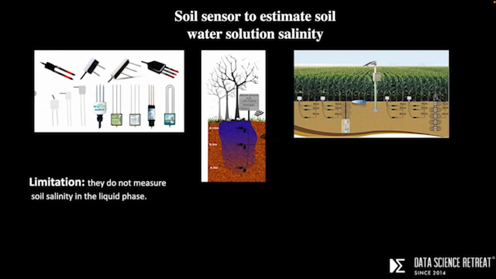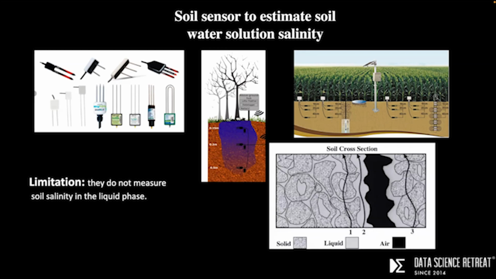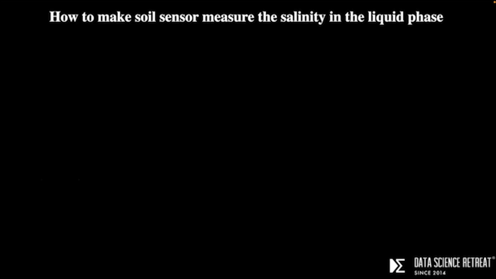But the limitation of this sensor is that it doesn't measure the salinity in the liquid phase. When you install the sensor in the soil, the electric current goes through the solid phase, liquid phase, solid phase. But we are interested in the liquid phase because this is what the plant senses. For that reason, we need methods to estimate precisely the salinity in the liquid phase.